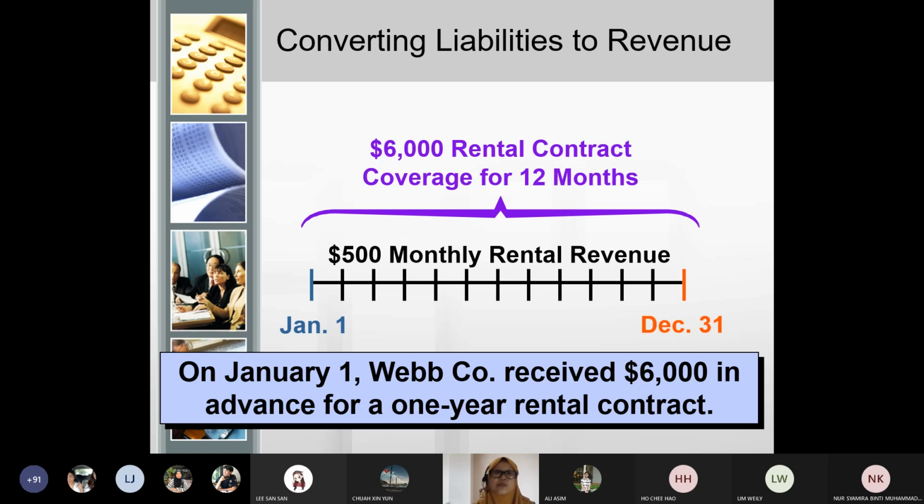Let's see an example of how we convert the liability to revenue. Here the company received 6,000 in advance for a 1-year rental contract. Because the company prepares monthly financial statements, the company should recognize 500 per month in rental revenue. Let's see how we record this transaction.